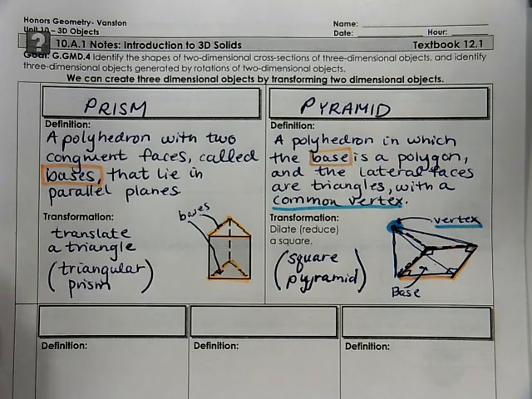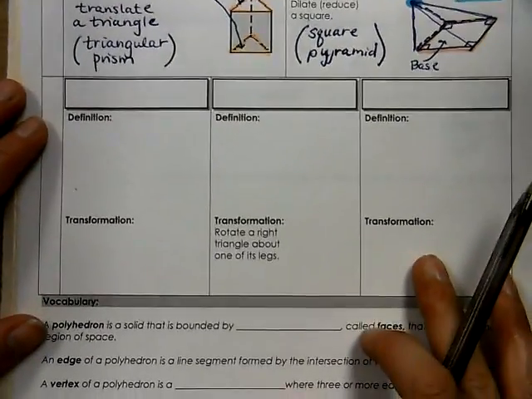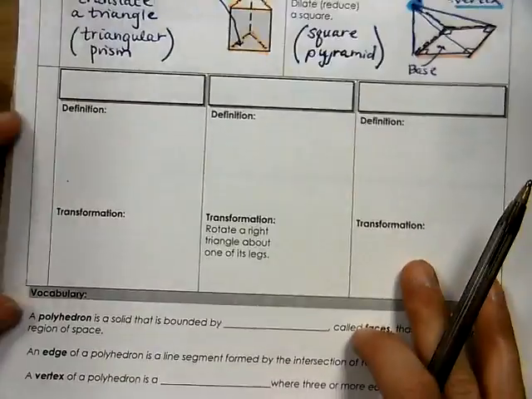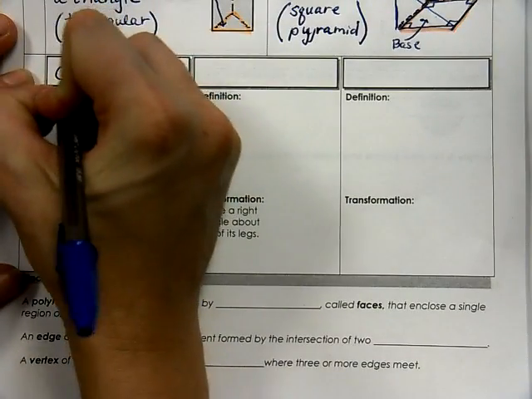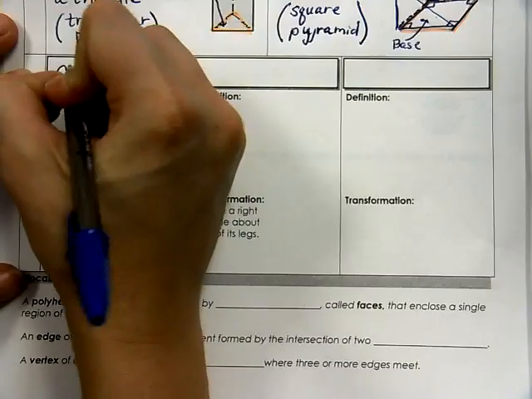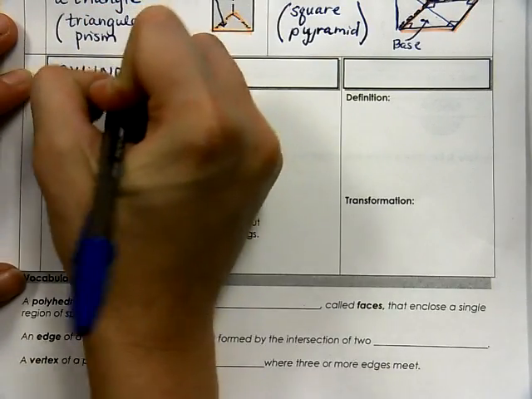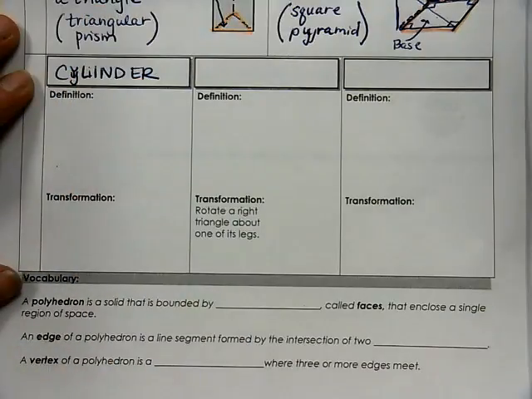All right, moving down here. The next type of 3D solid that I want to talk about is a cylinder. I'll do all capital letters. Cylinder.